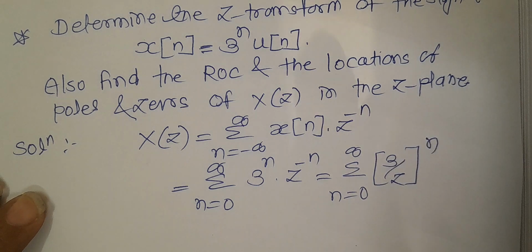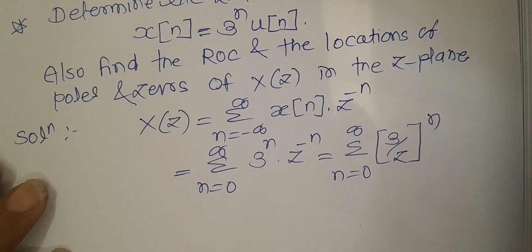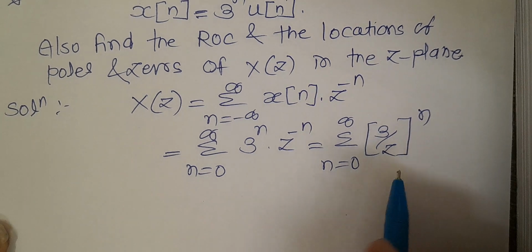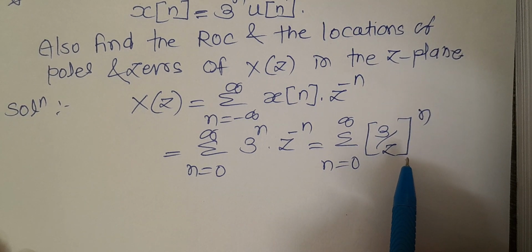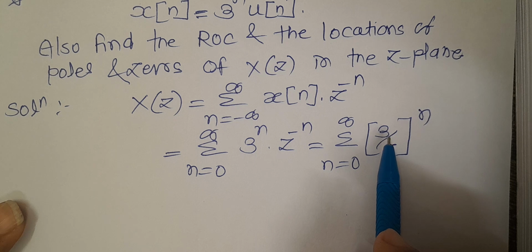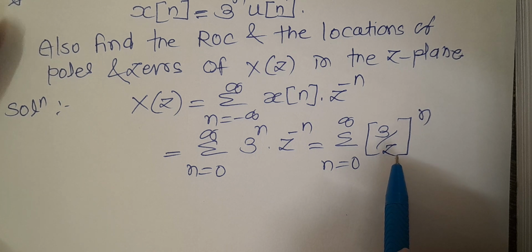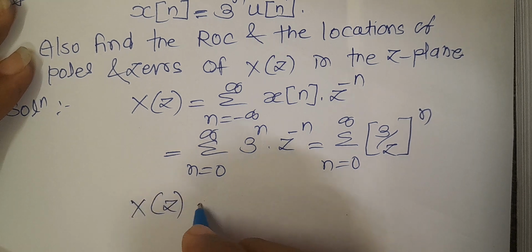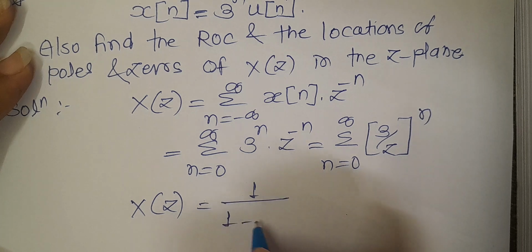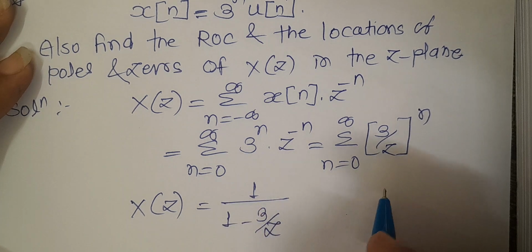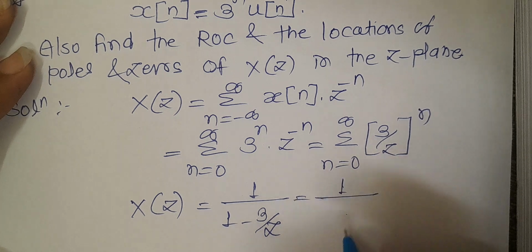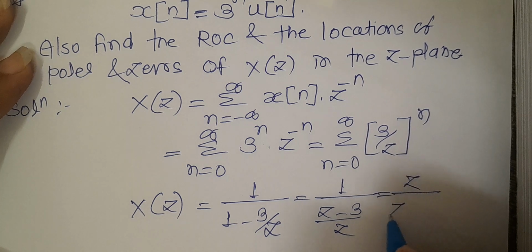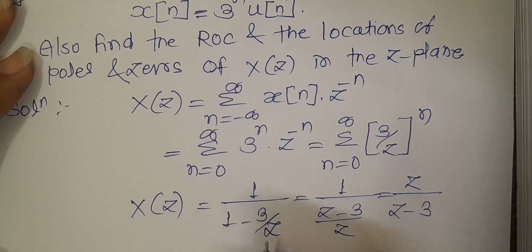And actually this is a geometric series of infinite length, in the ratio of 3 by z, and therefore the sum converges. Therefore x of z is equal to 1 over 1 minus 3 by z, and therefore it is z over z minus 3.